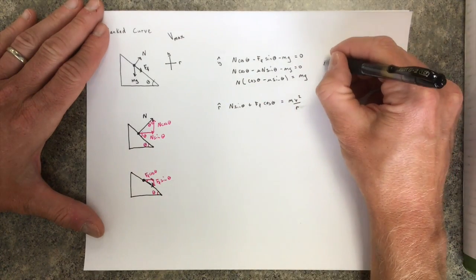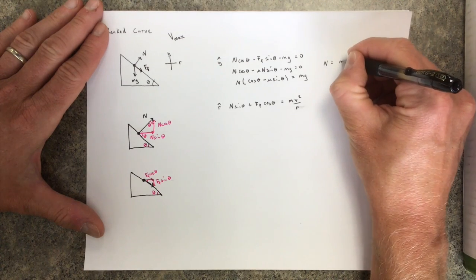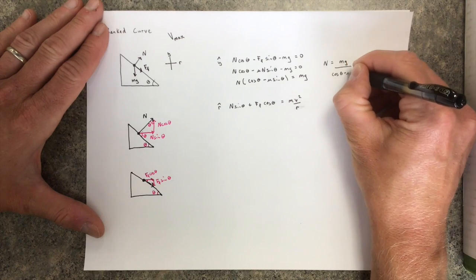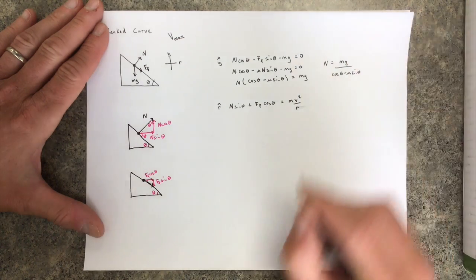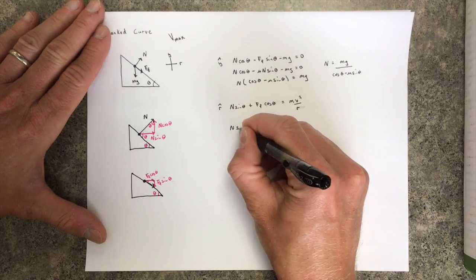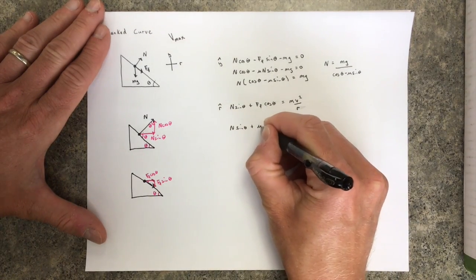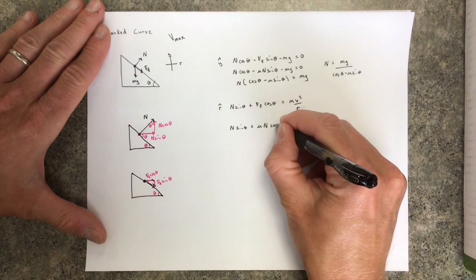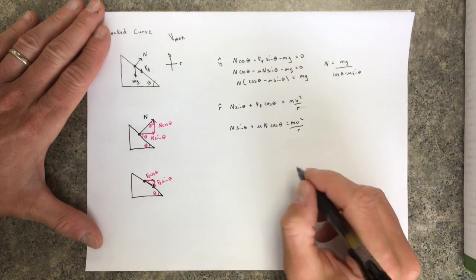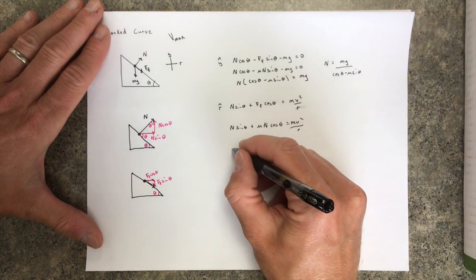But then over here, I know that the normal force is equal to mg divided by cosine theta minus mu sine theta. Okay, here I'm going to do the same thing. I'm going to rewrite the force of friction as mu times the normal force, and then factor out this normal force.